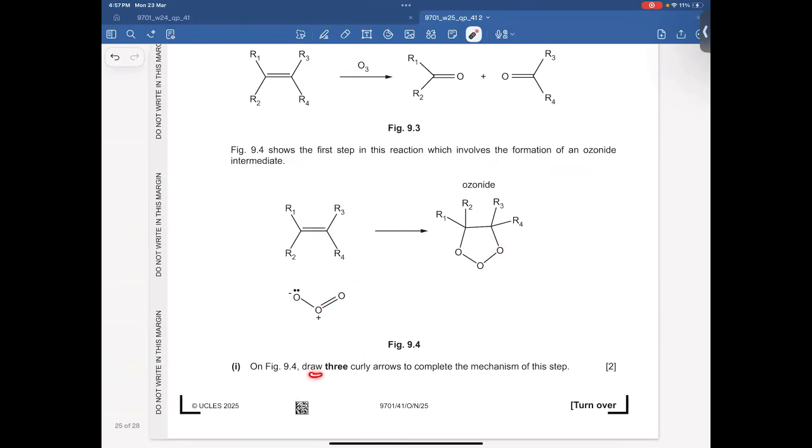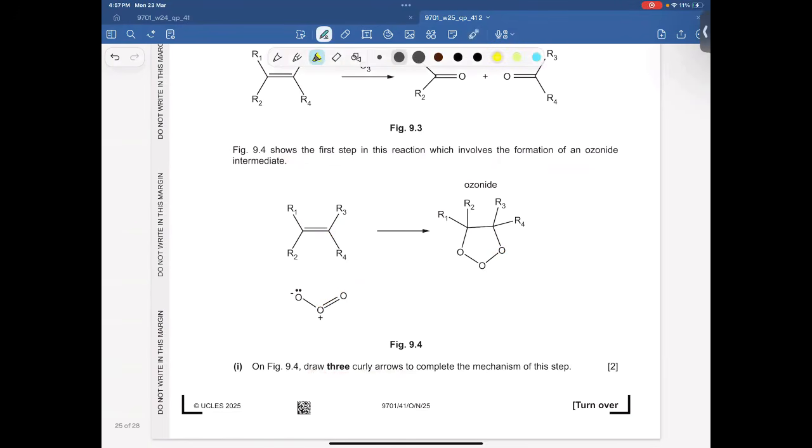They are saying draw 3 curly arrows to complete the mechanism of this step. 3 curly arrows. Okay. Let me show you one thing. This lone pair reacts with this. Hold on.